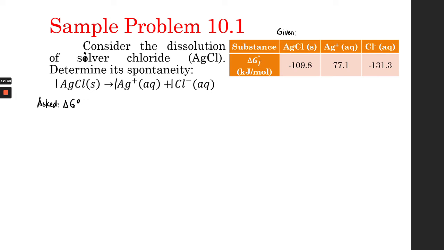The equation that we have to use is: standard delta G equals the sum of the delta G of formation for the products minus the sum of all the delta G of formation for the reactants. Okay, let's go ahead and solve this problem. Solution.